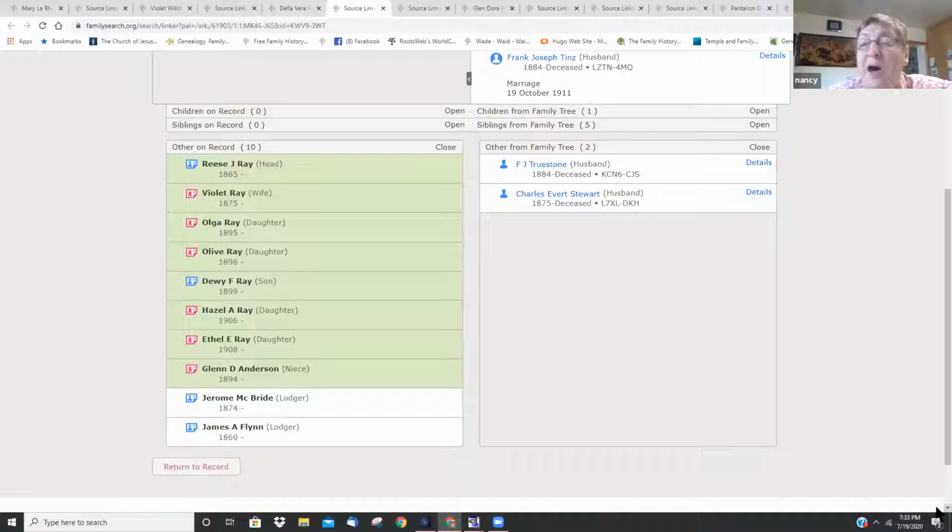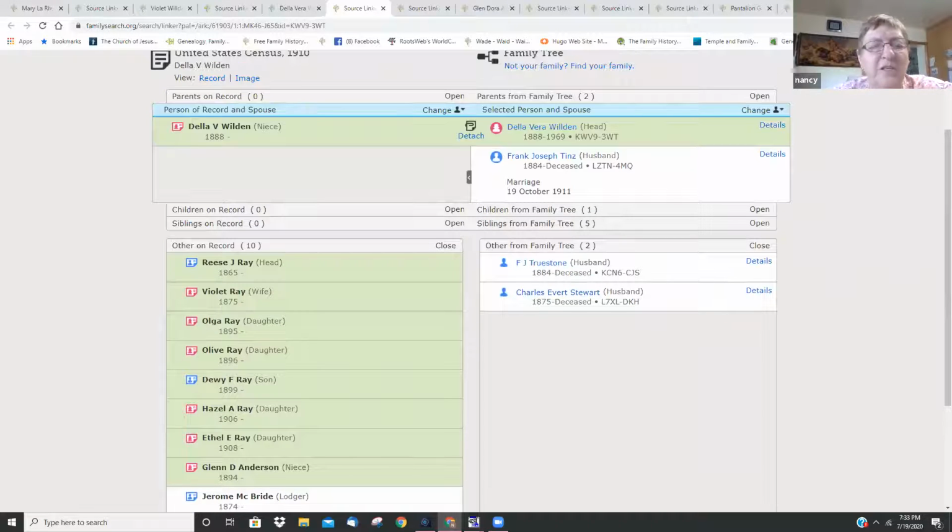So I want to find out why she's attached to him. My brain says there must be something about her that we didn't know. Now, how do I find out who Reese Ray is, who's married to Violet Ray?